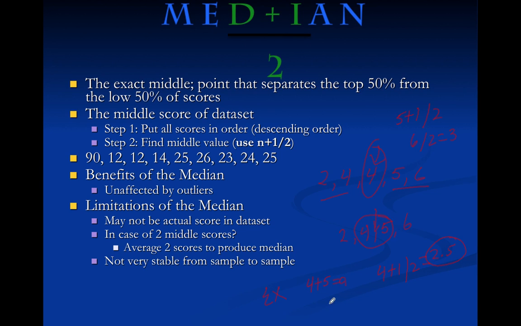And we're going to divide by 2. So my value now is equal to 4.5. Now that number becomes my median. So the median was equal to a 4.5.